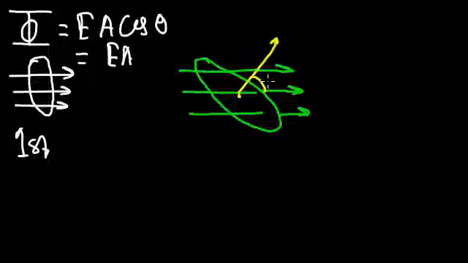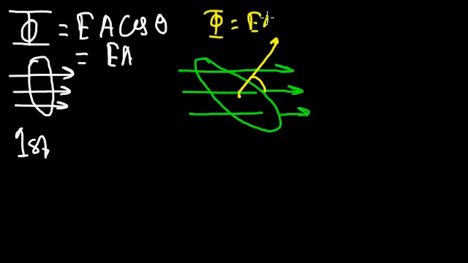For this kind of situation, the electric flux phi is equal to EA cosine theta. The value of theta is a very crucial thing you have to take into account. Am I communicating? Perfect. So this is the second scenario.